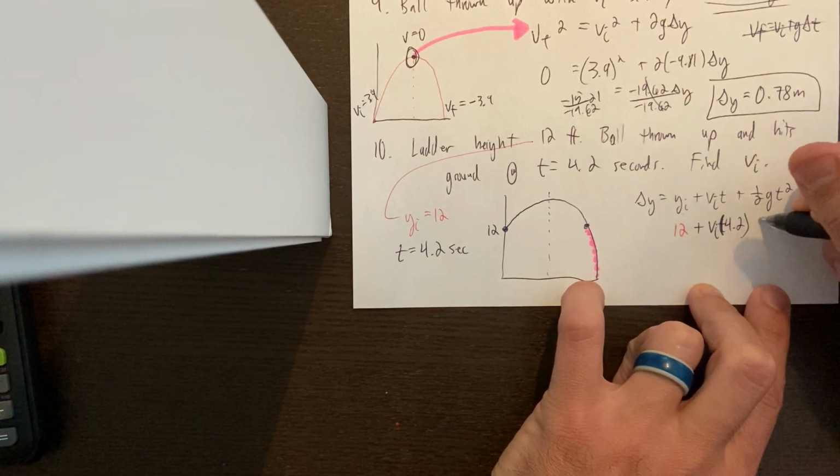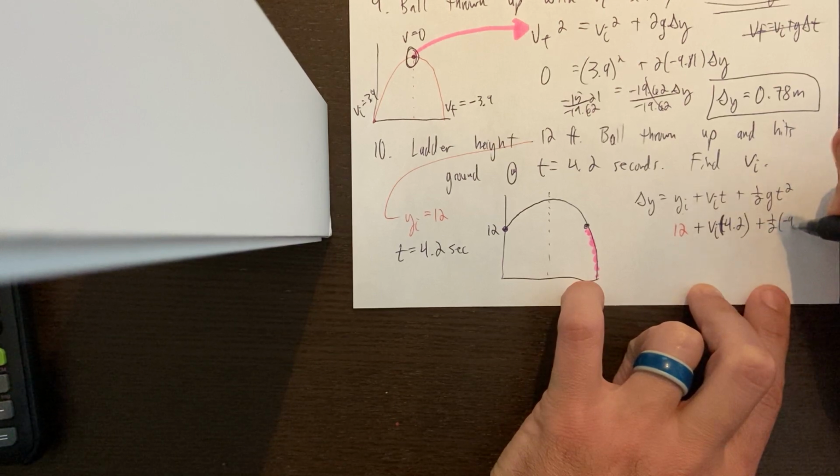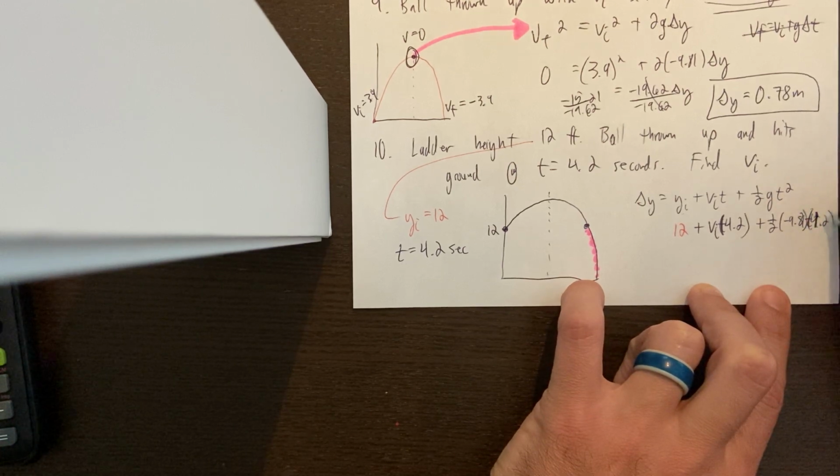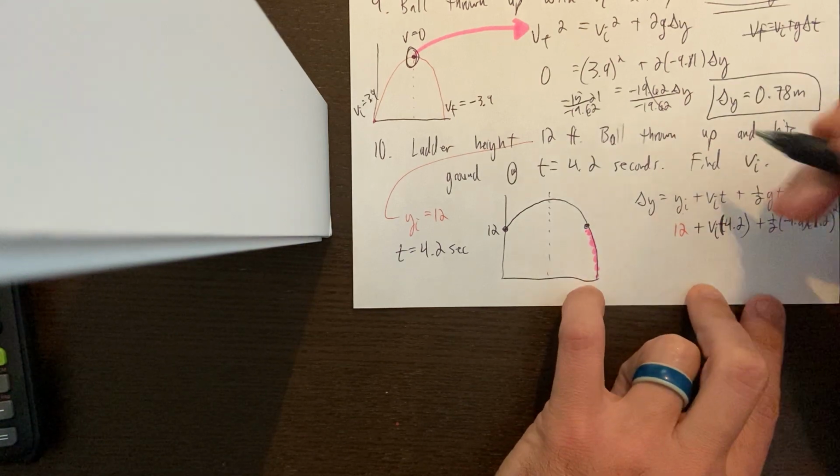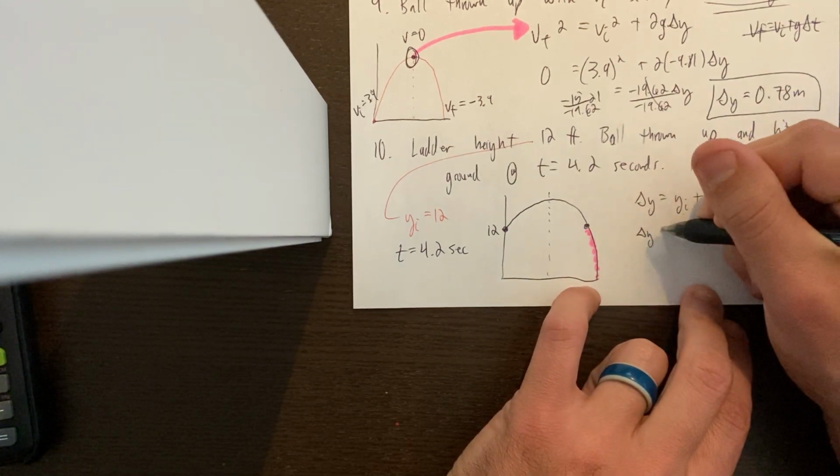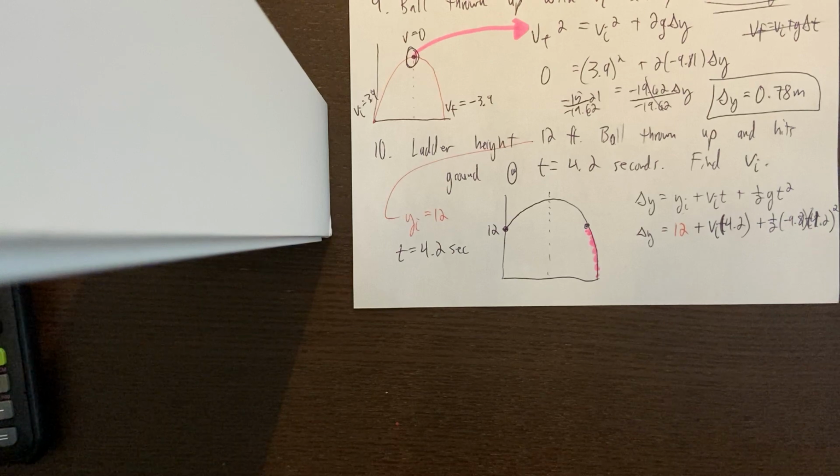And 1/2 times negative 9.8 t squared. Oh, wait, that's right, 9.81, and that was 4.2, so that's squared. Do we know the displacement? It's a very tricky question here.